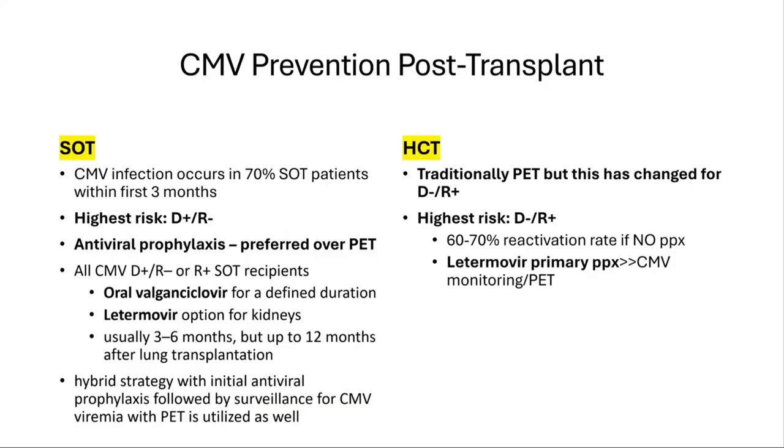So here is another important table that outlines differences in terms of prevention. For solid organ transplants, again, remember that the highest risk is donor positive, recipient negative. Antiviral prophylaxis is generally preferred over preemptive therapy in solid organ transplant patients.